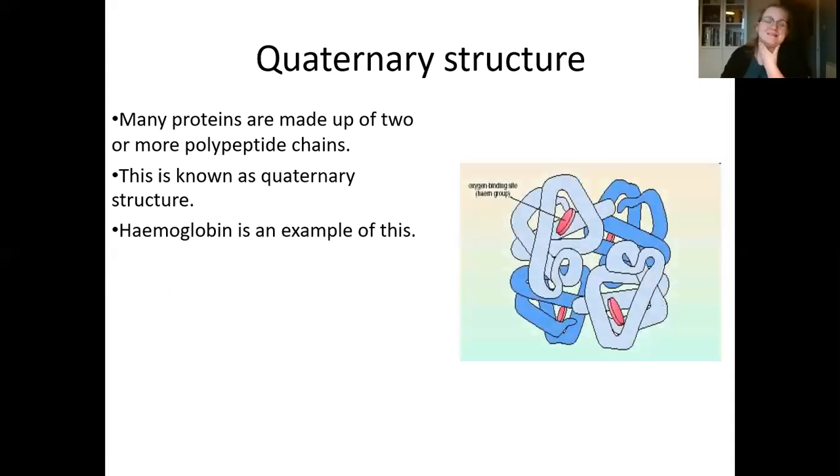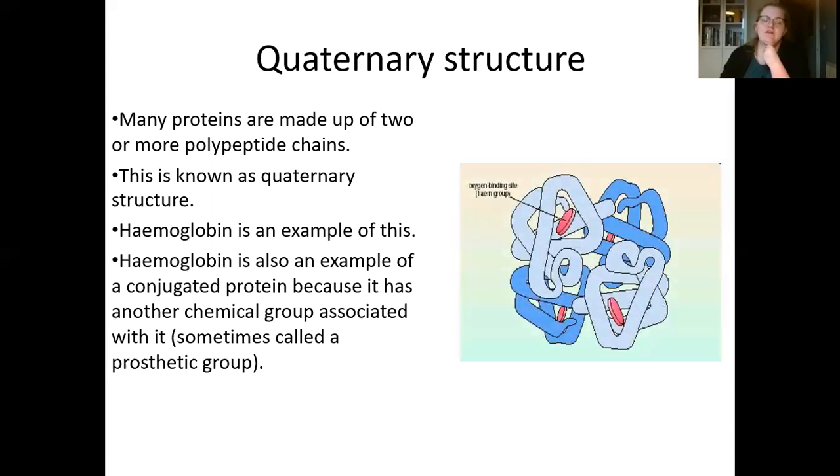Hemoglobin is one example of a protein that has a quaternary structure. It is also an example of something we'll look at later called a conjugated protein, because it has another chemical group associated with it, which we call a prosthetic group. In this situation, it's the heme group, the oxygen binding site, that makes the hemoglobin.